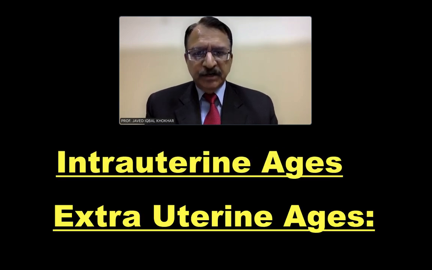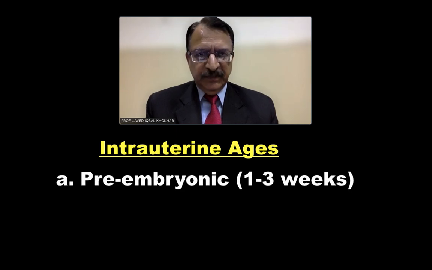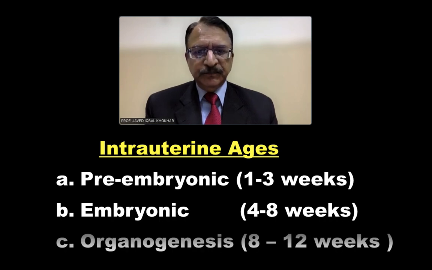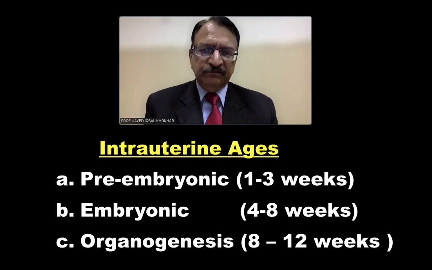Starting from the intrauterine life, we'll go on to extrauterine. So, in intrauterine life, there is a pre-embryonic age between first week to third week. Then the embryonic age, which is between 4 to 8th week, and then the period of organogenesis from 8th week to 12th week.